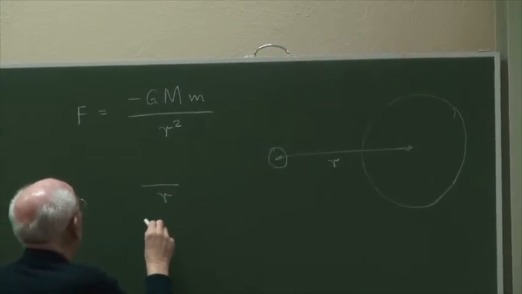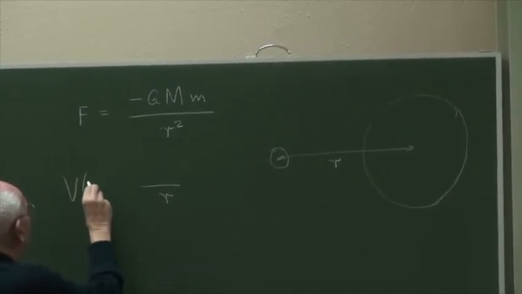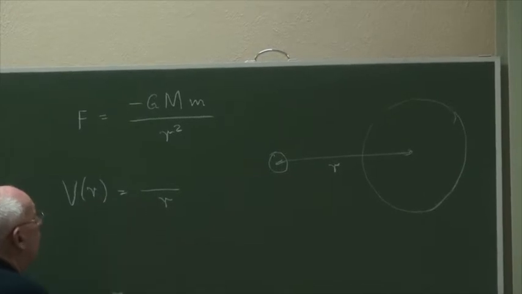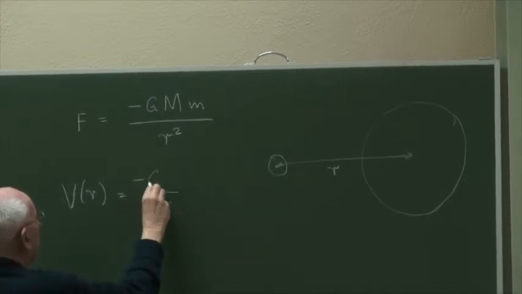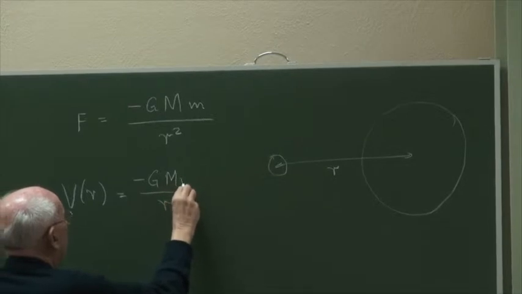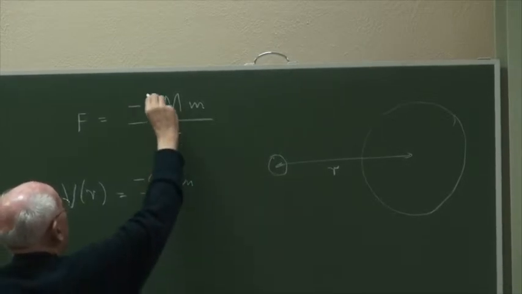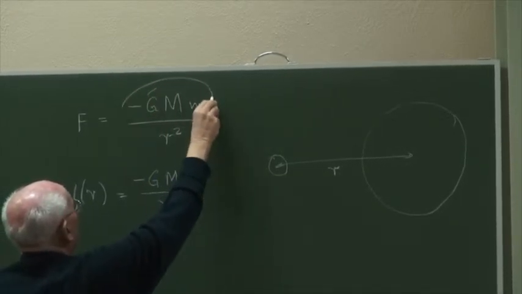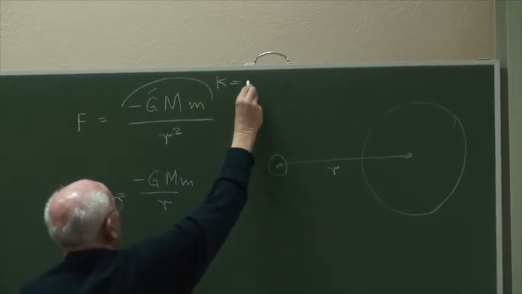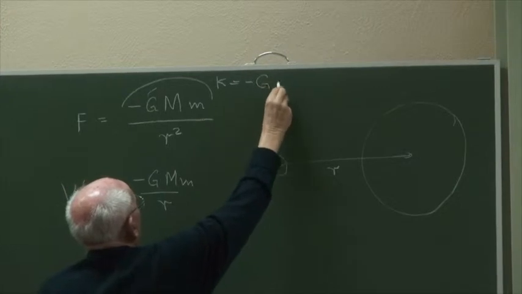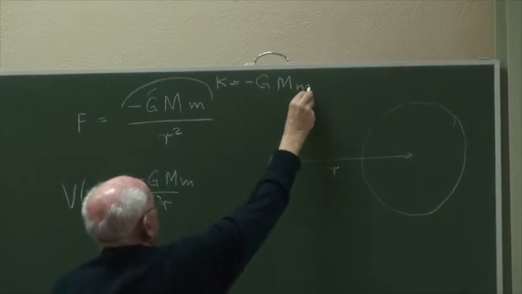One over r. And we will call this whole thing K with a negative, just in order to save a bit of writing.